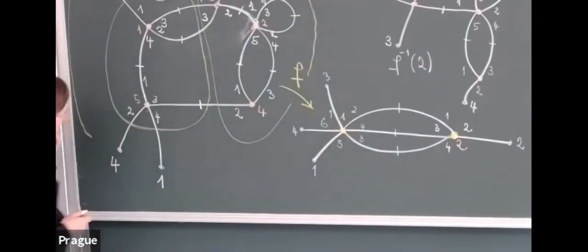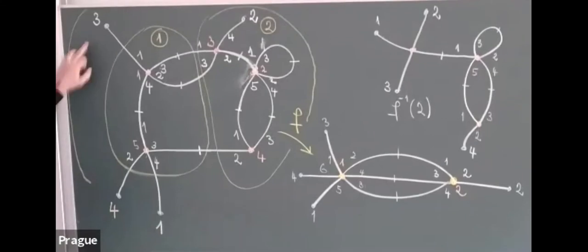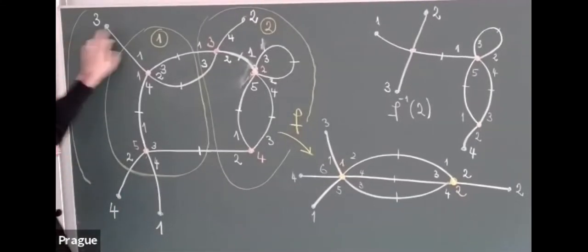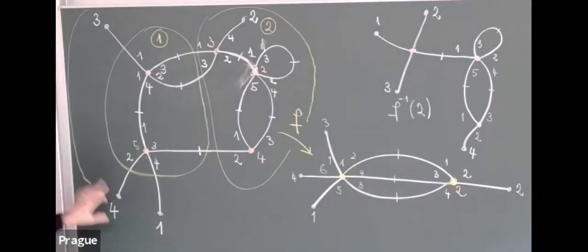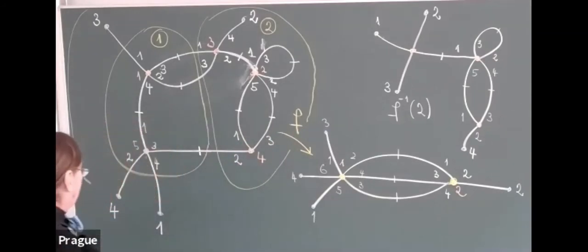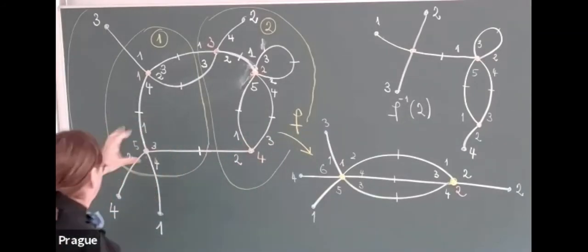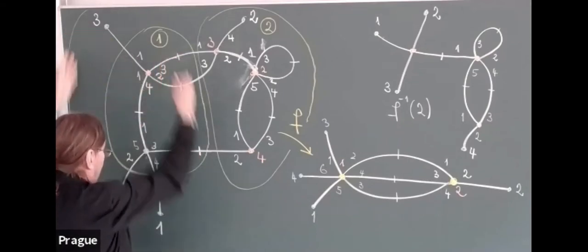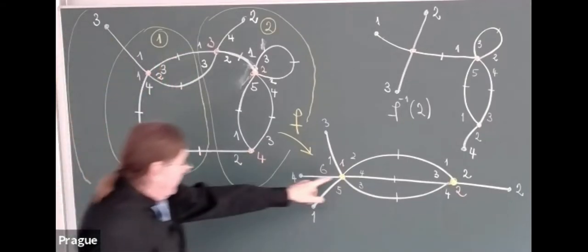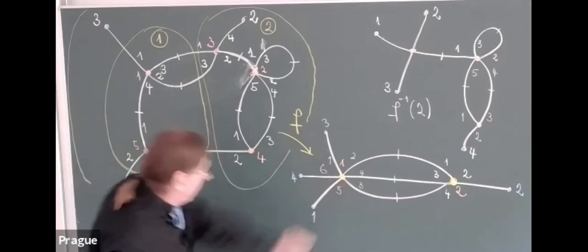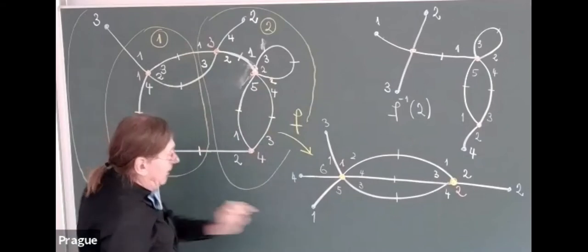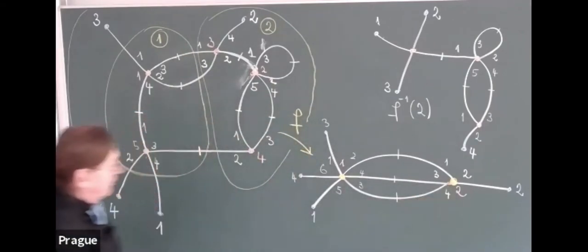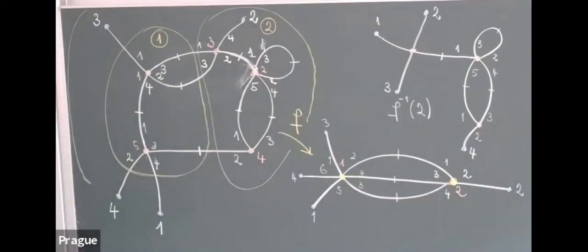But with the provision that the global order, by global order I mean the order of the legs, is fixed. So this f should be an example of such a morphism where I contract this subgraph and the contraction goes to vertex 1 here, and here I contract this subgraph and the result goes to vertex 2.